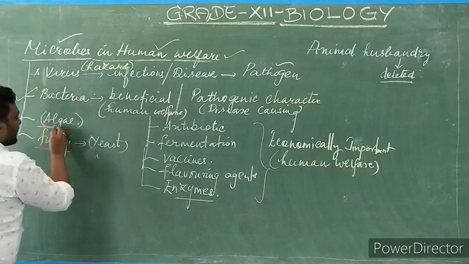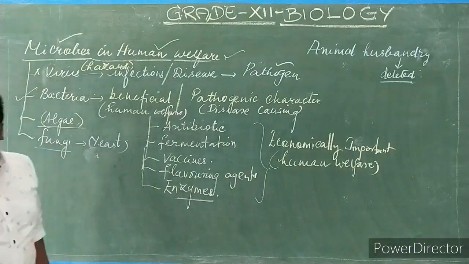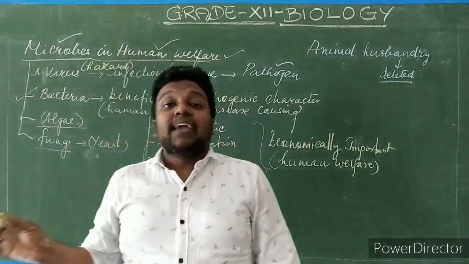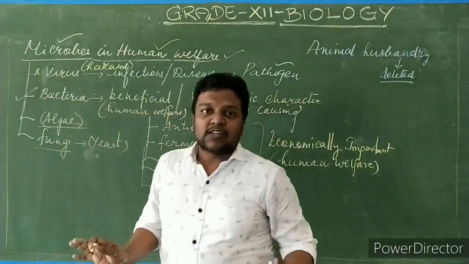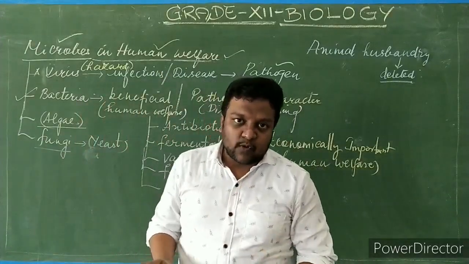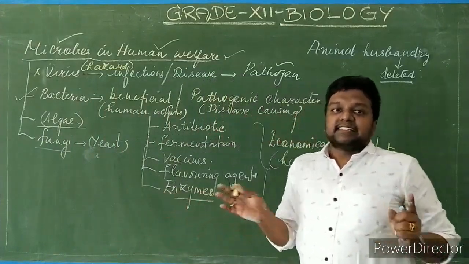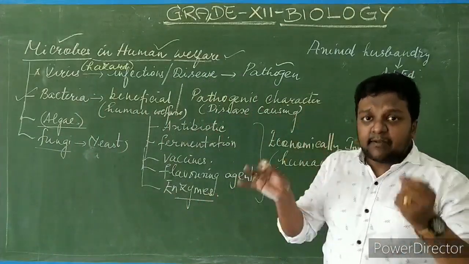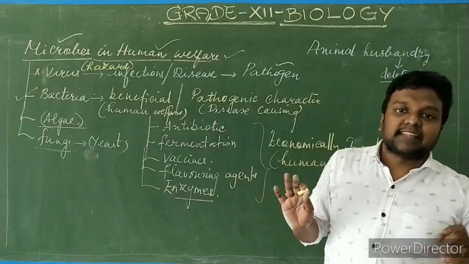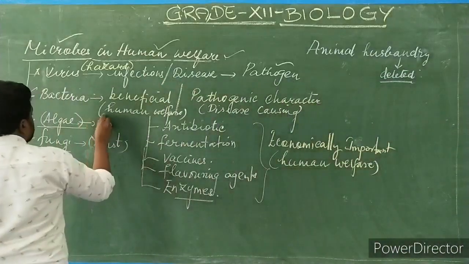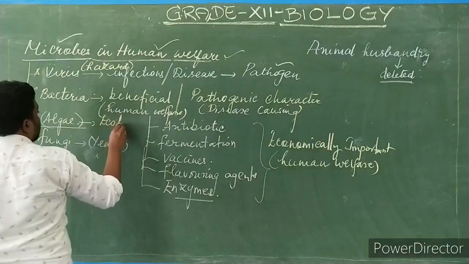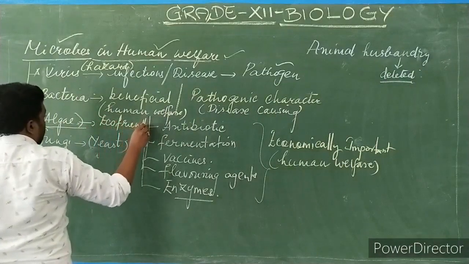Next, what we have is algae. This algae is a very good organism because it does not cause any pathogenic effect. 99% of algae have no pathogenic effect, and they are eco-friendly in nature. That is the importance.